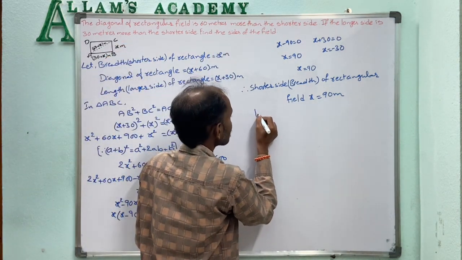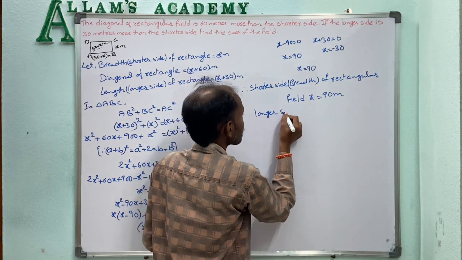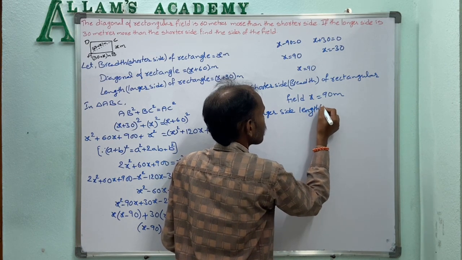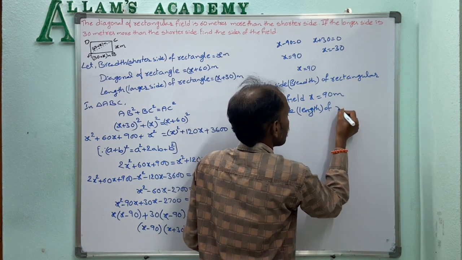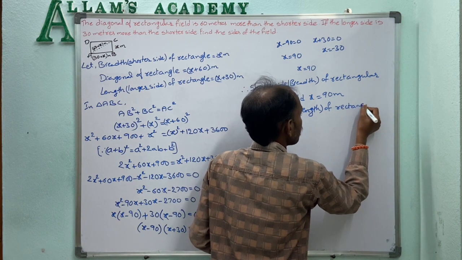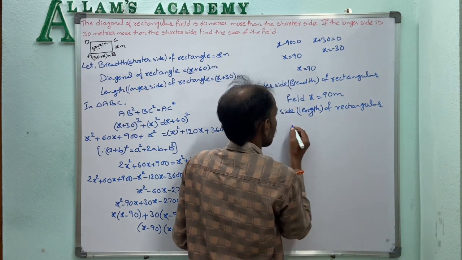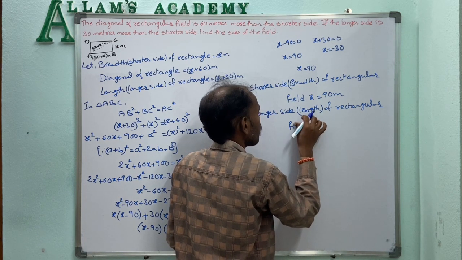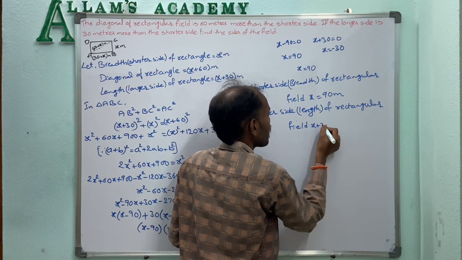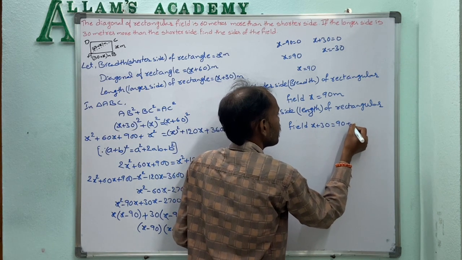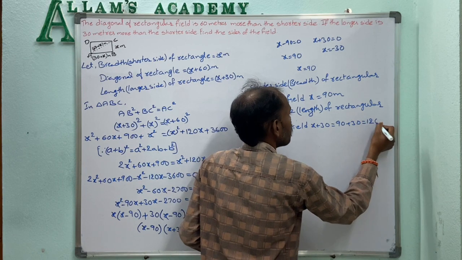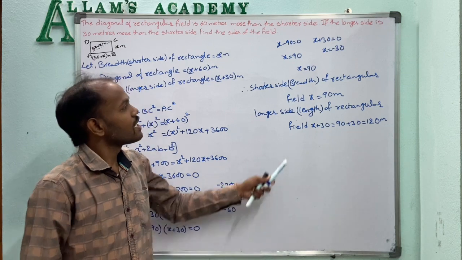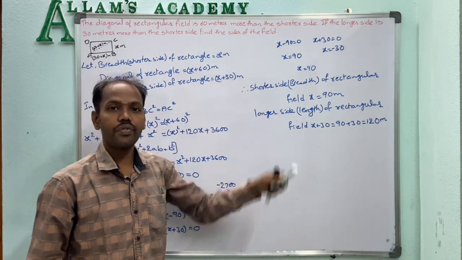So the longer side, that means the length of the rectangular field, is x plus 30, that equals 90 plus 30, that equals 120 meters. So 90 meters and 120 meters are the sides of the rectangular field.